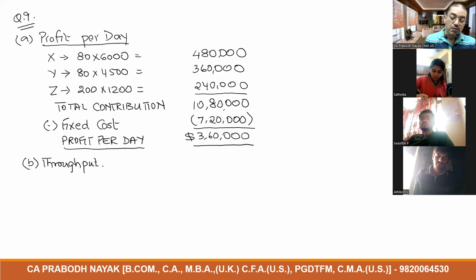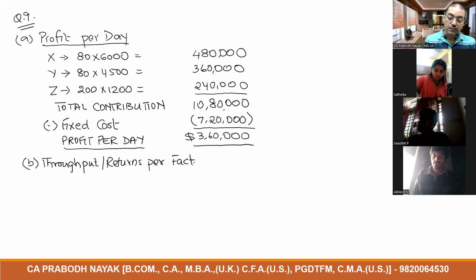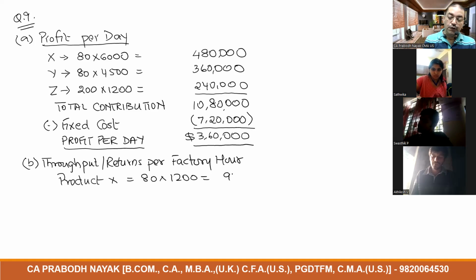Throughput or returns per factory hour. For product X, it is 80 into 1200. That is 96,000.